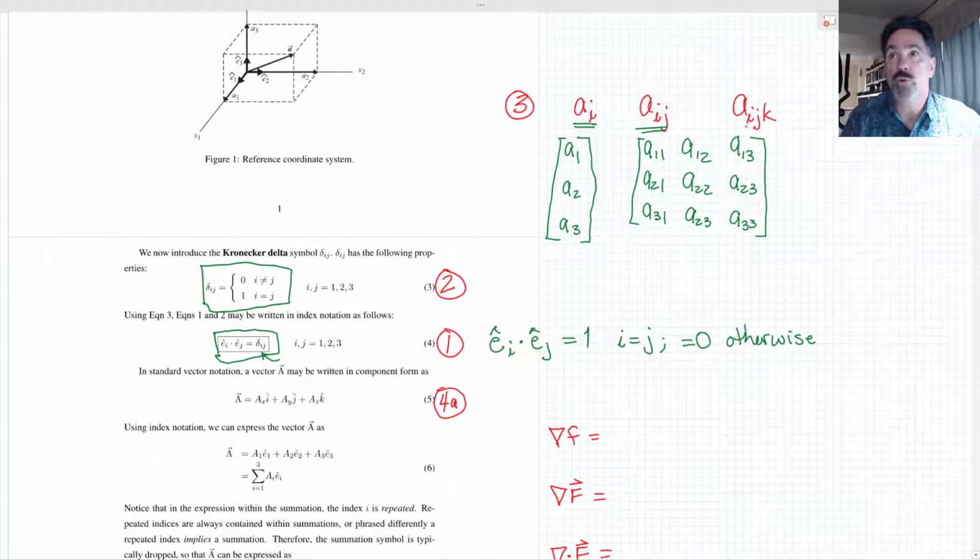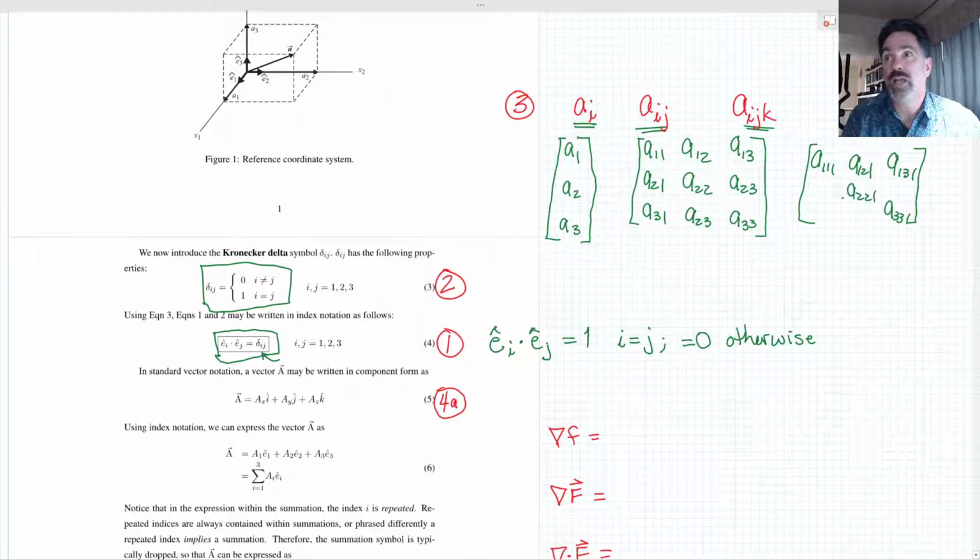Then that begs the question, what is a sub ijk? And the answer is, this would be something that looked like the matrix here, except every k index would be 1. So it would be the same thing, but it would be a11, a121, a131, etc., a331, and a221, and all the rest of these items here would be the same.